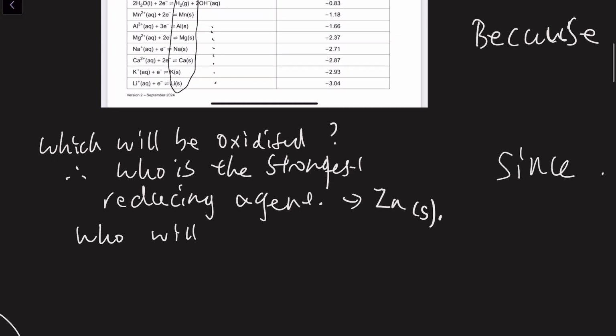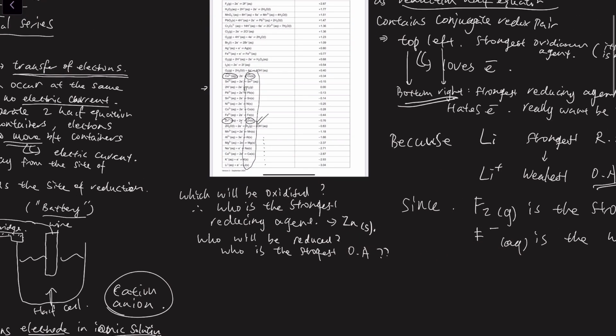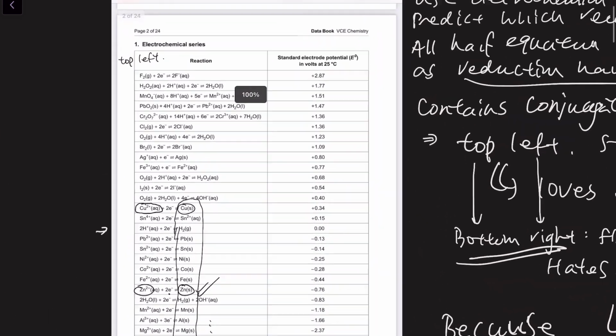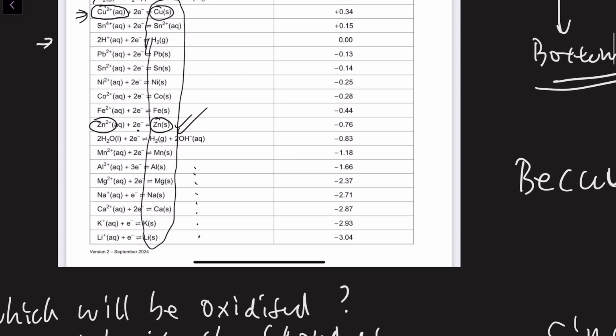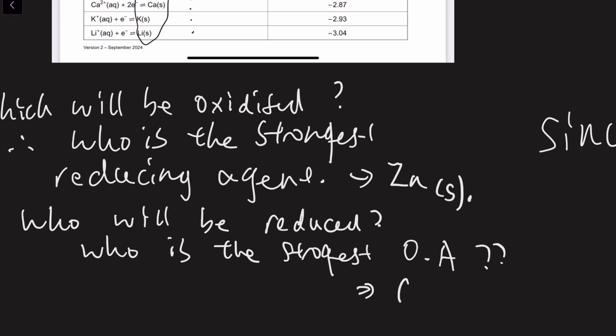And who will be reduced? In other words, who is the strongest oxidation agent? Remember, for the oxidation agent, we look at the top left. So the first thing we get is the copper ion. Then the answer to our question is the copper ion.